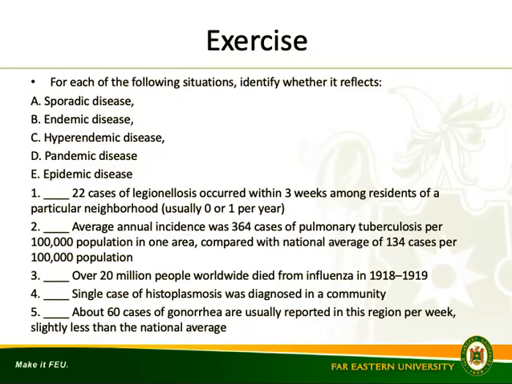Number four, a single case of histoplasmosis was diagnosed in a community. So what is that? And number five, about 60 cases of gonorrhea are usually reported in this region per week, slightly less than the national average. Okay, so I'll give you a few seconds to think about it.